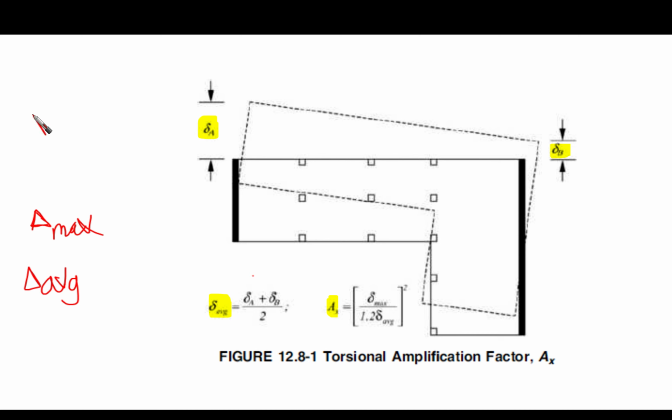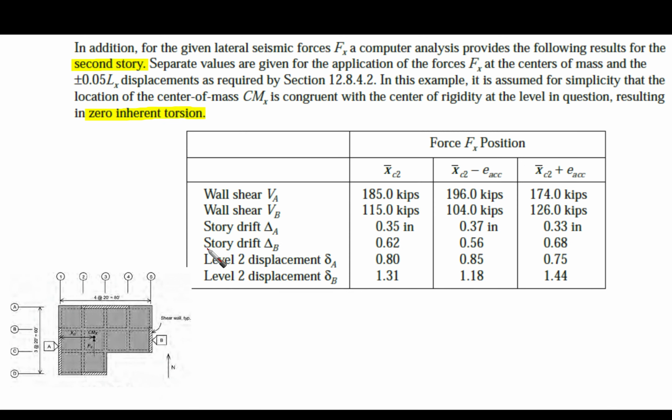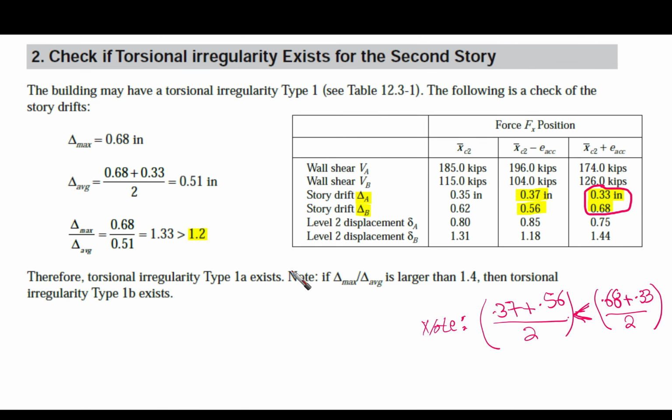So if delta maximum is larger than 1.2 times the average, then it is torsional irregularity 1A, but if it is larger than 1.4, this means that it is torsional irregularity 1B. This is what we have said here. So the building may have torsional irregularity type 1A, as I have shown you in the table. The following is a check for this drift.